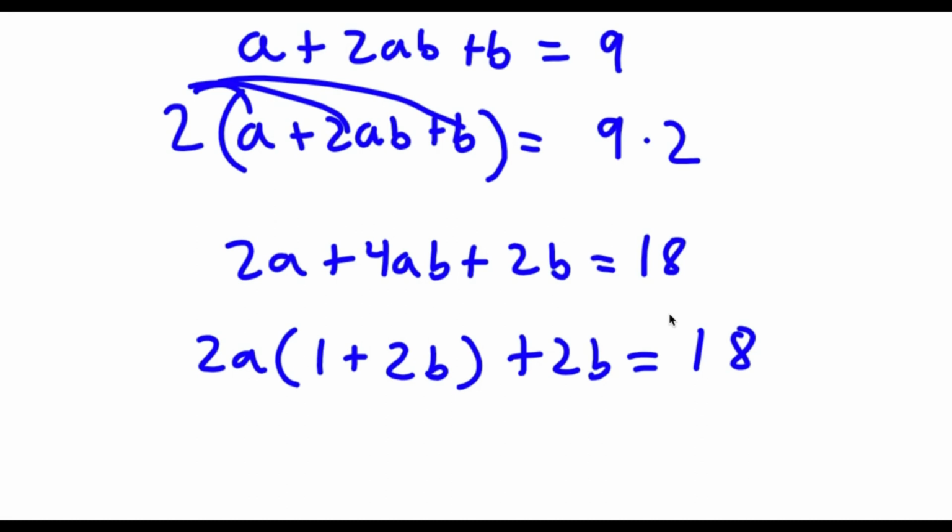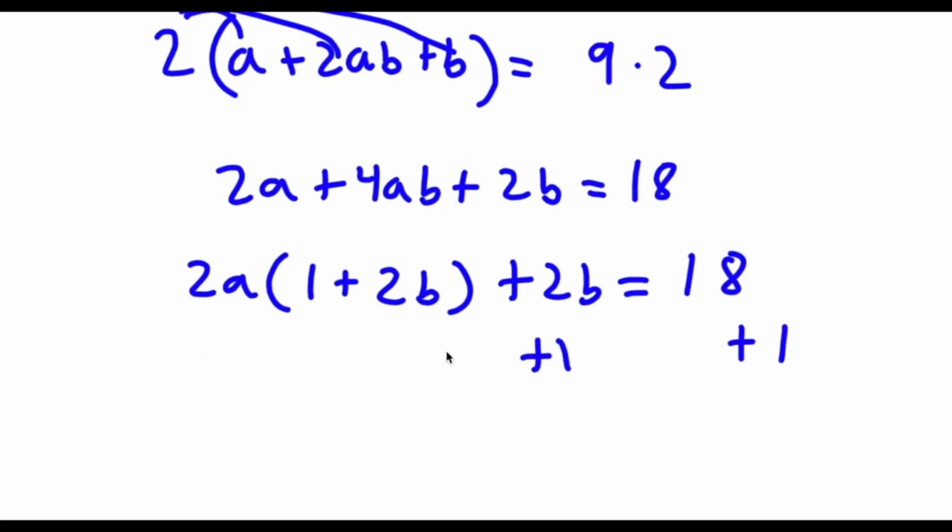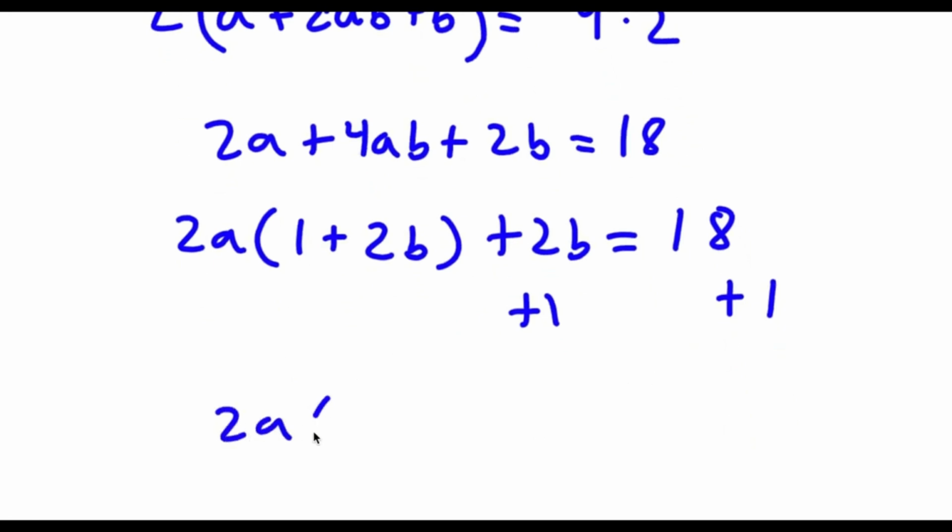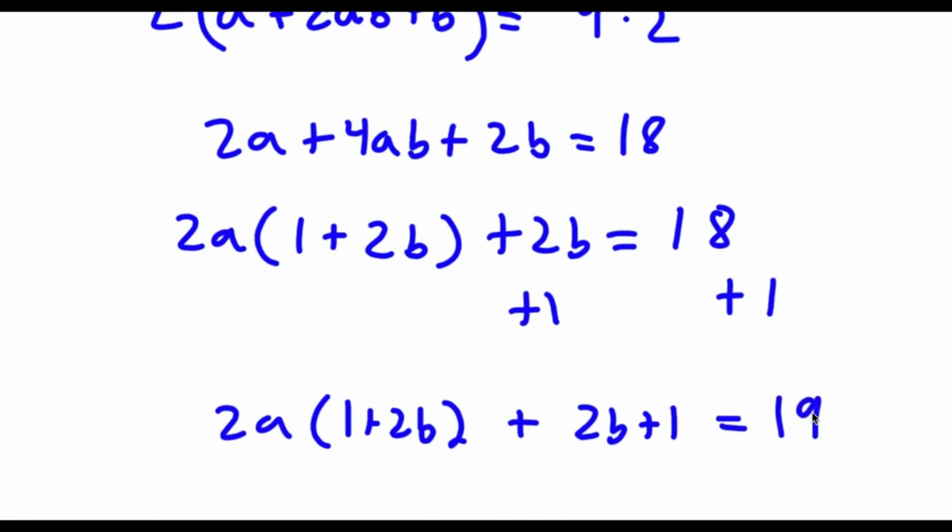Now, I'm going to go ahead and add 1 on both sides. So now I have 2a times (1 plus 2b) plus 2b plus 1 is equal to 18 plus 1, which is 19.